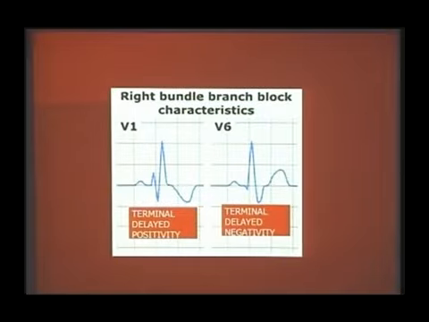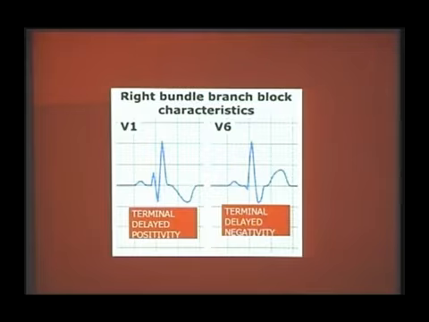You can see here in V1 the QRS is widened, with terminal delayed slurred positivity in the right sided leads: that is right bundle branch block. This will result in terminal delayed slurred negativity in the left leads, because the terminal slurred vector is going towards the right side, away from my left side. So this will have slurred negativity, and here you have that slurred positivity.